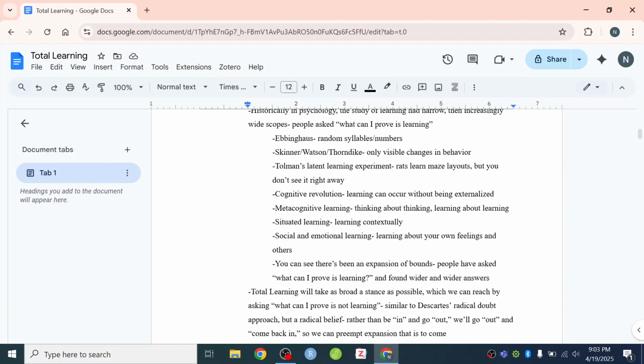This process of asking what can I prove is not learning, and if I can't prove it's not learning, I'll accept it as a form of learning, has a similar kind of feeling to Rene Descartes' radical doubt, where he asked, what can I prove that is real? What can I prove that I know? And if he could find any kind of argument for why it could be that his belief was not true, he would discard it.